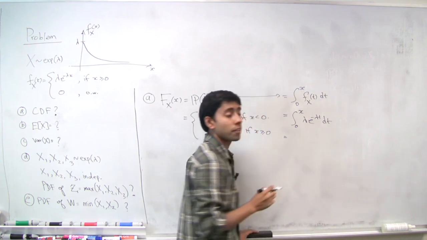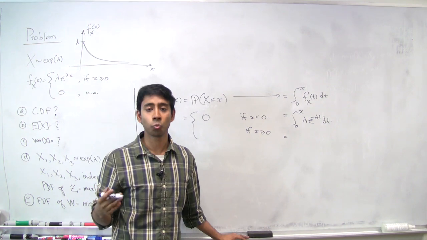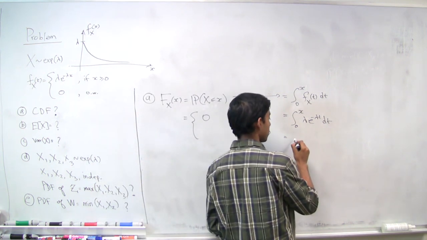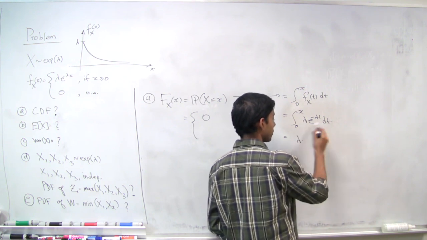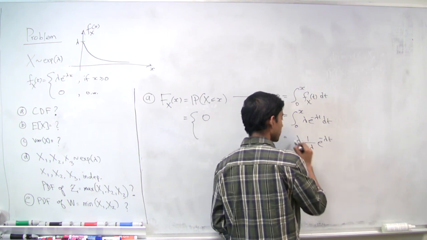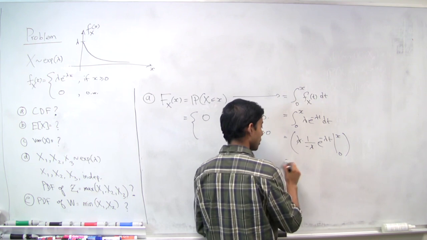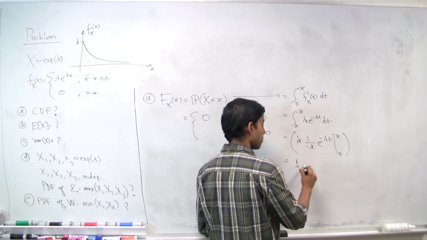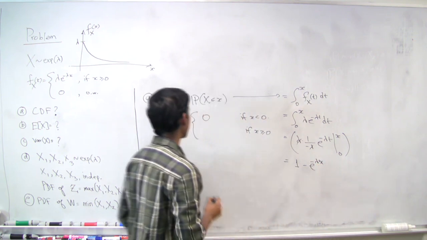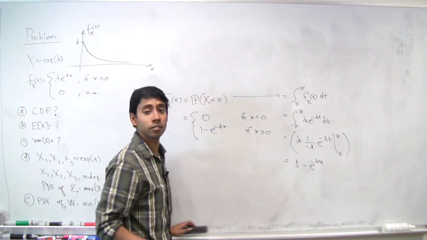Recall that the integral of e to the at is 1 over a times e to the at. Here, lambda is just a constant, and a is going to be negative lambda. So we get this from 0 to x. The lambdas cancel, and we actually get 1 minus e to the minus lambda x. And we are done with the CDF.